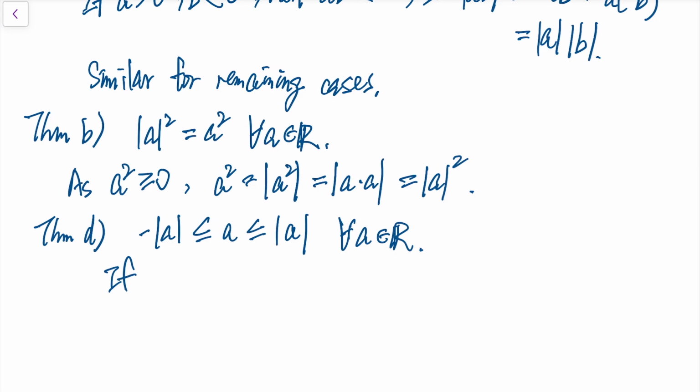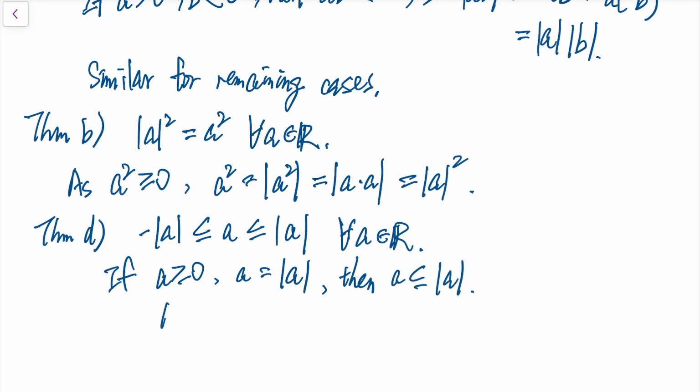If A is greater than or equal to 0, we know that A is equal to the absolute value of A. Then A is less than or equal to the absolute value of A. Also, A plus the absolute value of A is greater than or equal to 0. So negative of the absolute value of A is less than or equal to A.